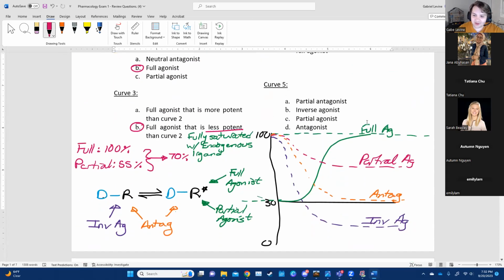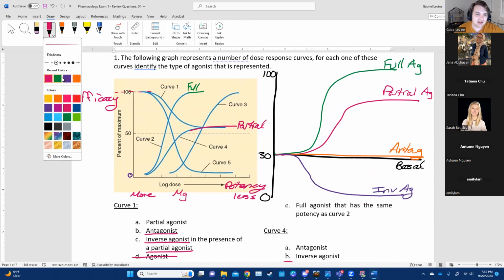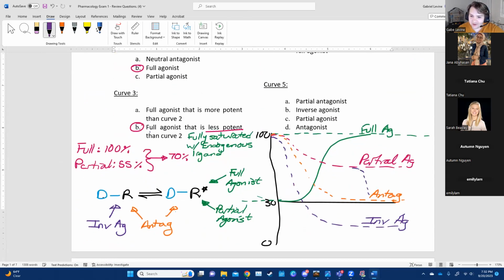If we have a partial agonist present and we add an inverse agonist, it's just going to drop this level down to wherever the inverse agonist goes. So an inverse agonist in the presence of a partial agonist will start wherever the partial agonist is and drop to wherever the inverse agonist rests.